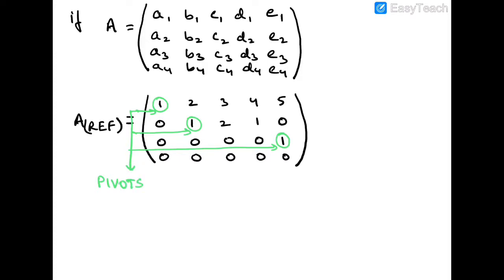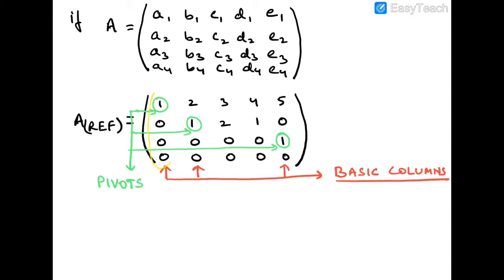So these are the pivots. So these columns are basic columns that contain pivots, and the corresponding columns of original matrix A are called pivot columns.